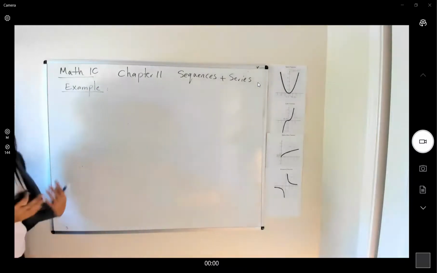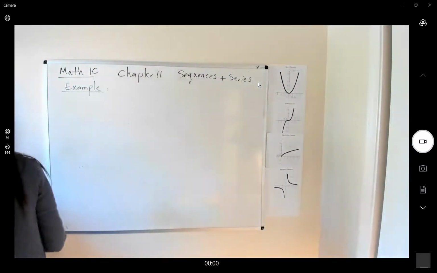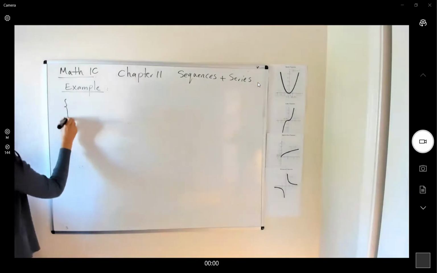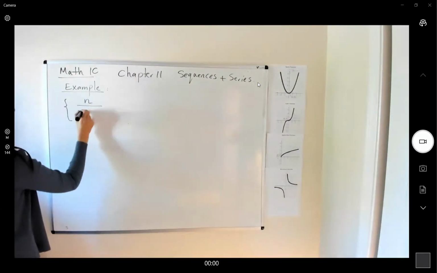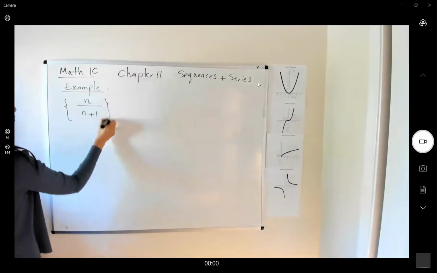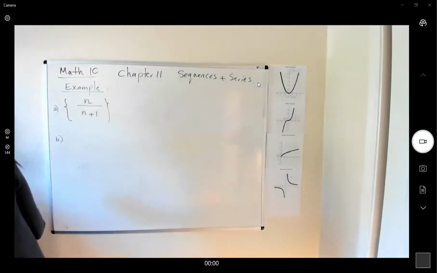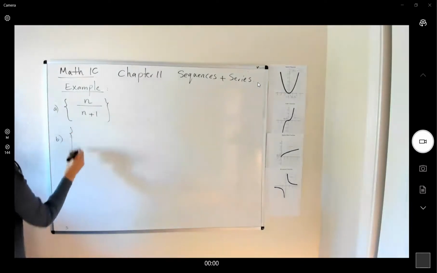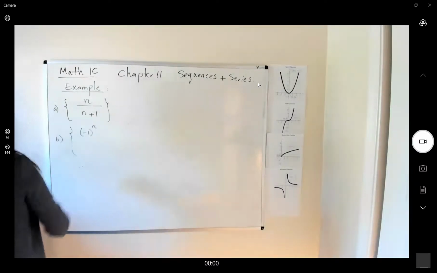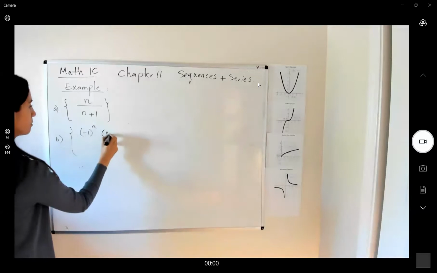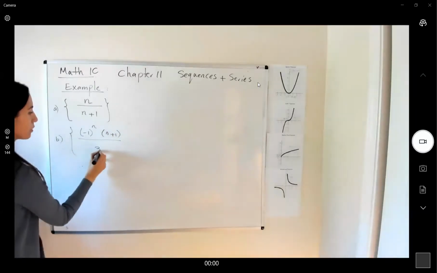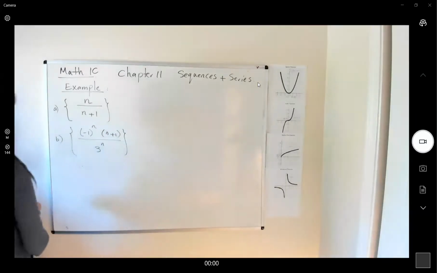The following are just some sequences. The first sequence is the sequence n divided by n plus 1. The second sequence is b, defined as negative 1 to the n plus 1, divided by 3 raised to the n.